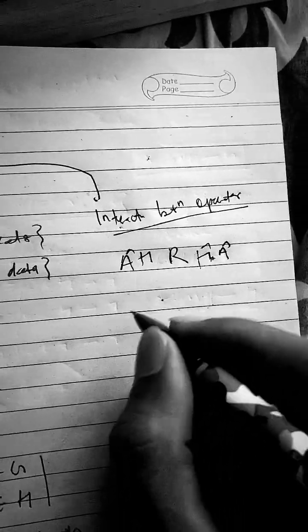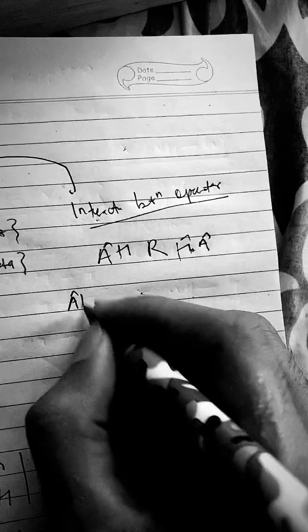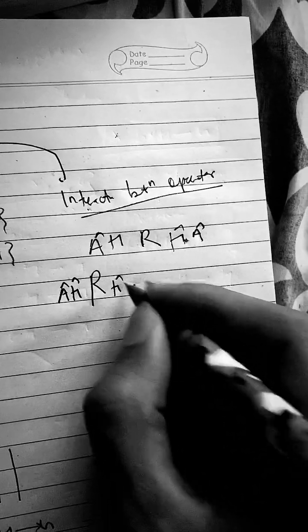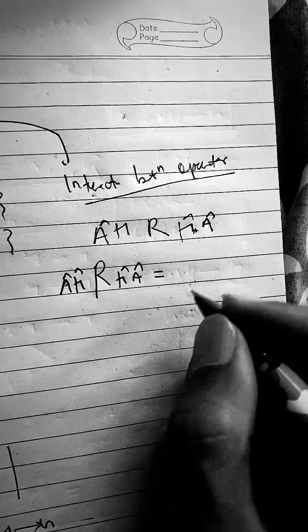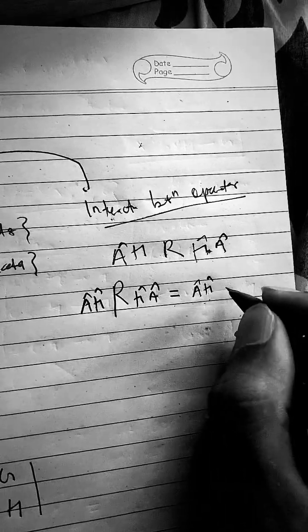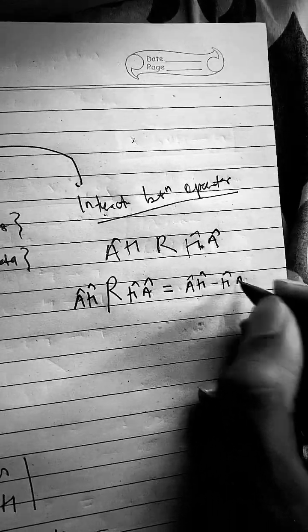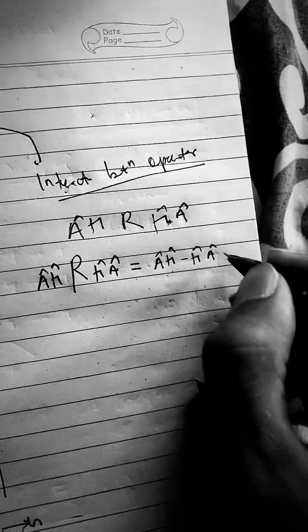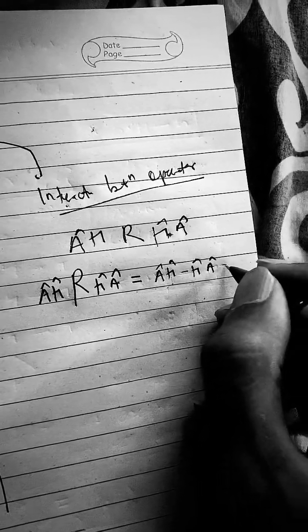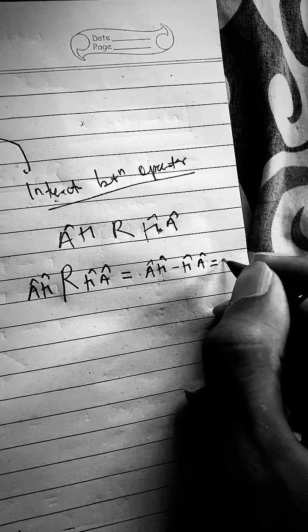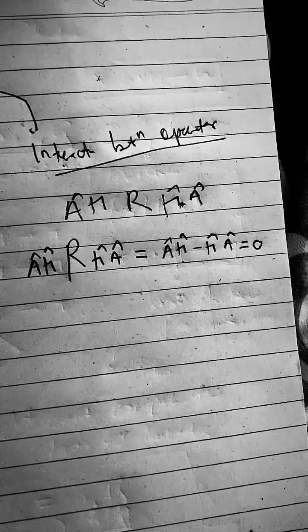This is the notation for a relation. So if we are checking commutativity, AH related to HA, we can write AH minus HA equal to zero. This is just an example. Then what happens?